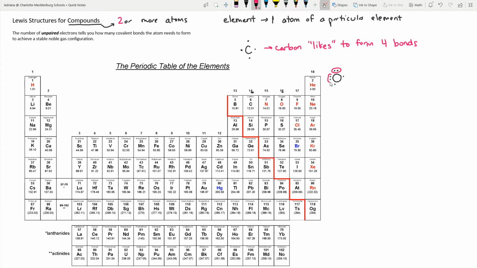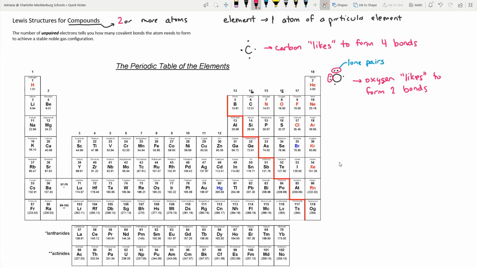So these are paired electrons. And in fact, they have a special name. They are called lone pairs. Lone pairs, like a Lone Ranger, but it's a lone pair. And so since oxygen has 2 unpaired electrons, we can say that oxygen likes to form 2 bonds.